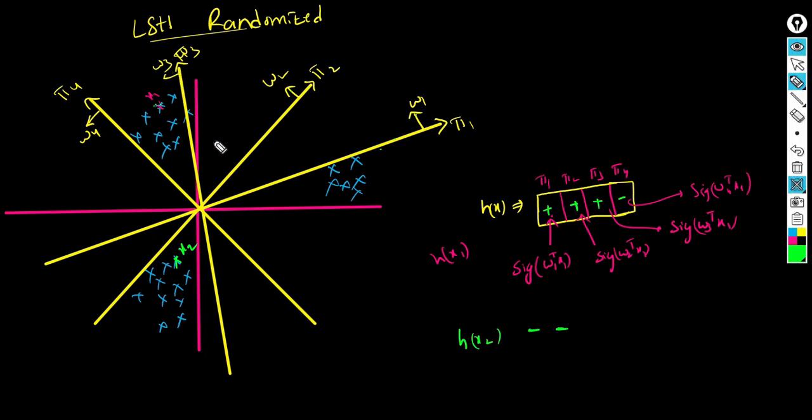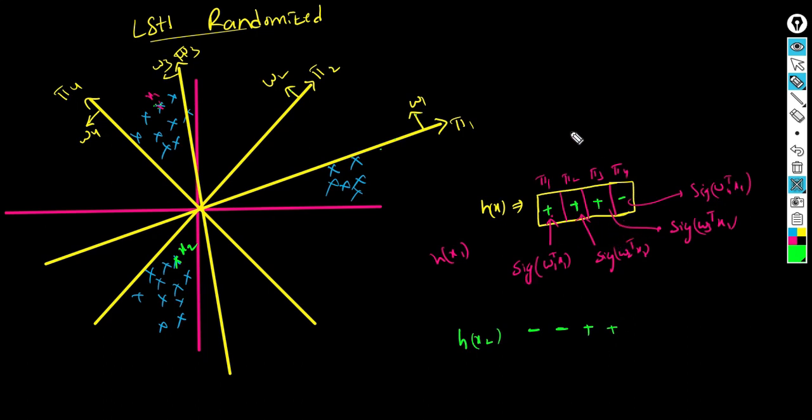And pi3 is the same direction. This is the vector direction and this point is also the same direction. This way, positive. Here w4 is also the same direction. This way, positive.